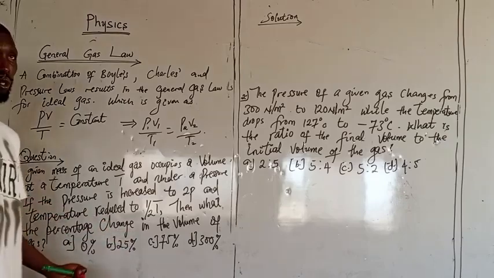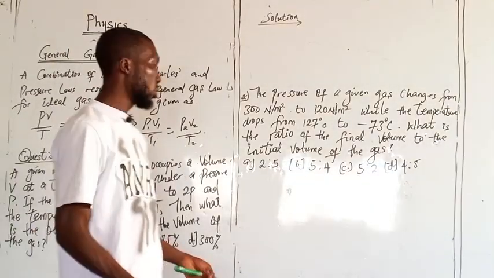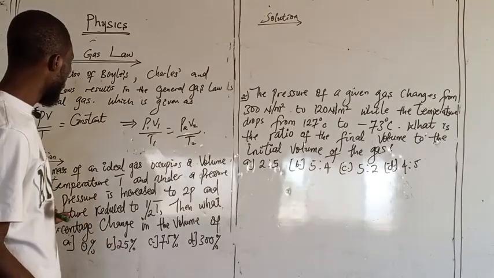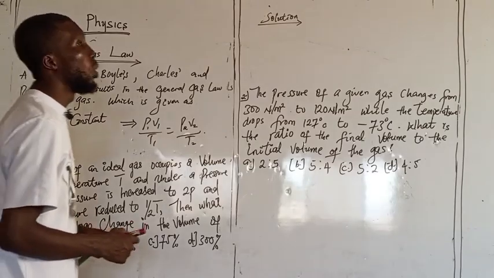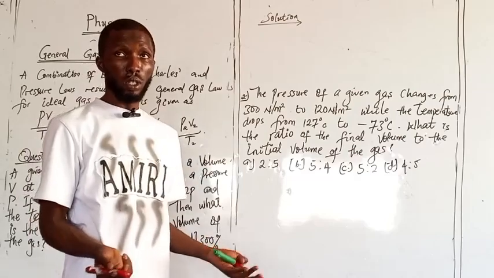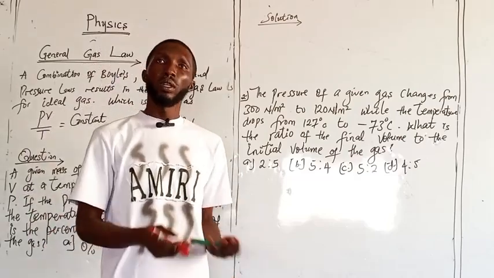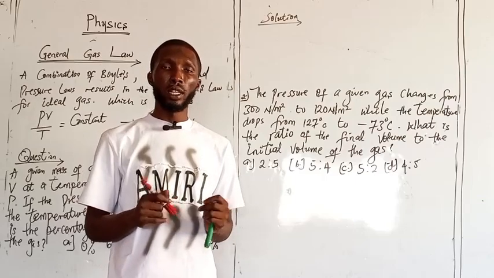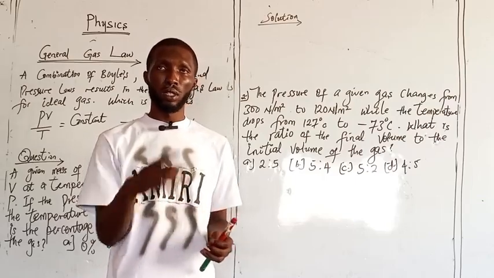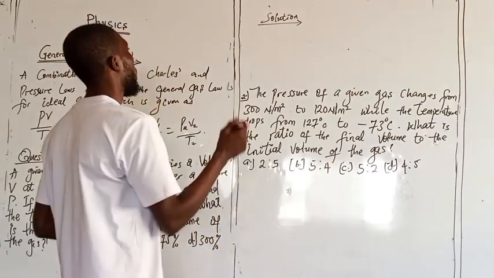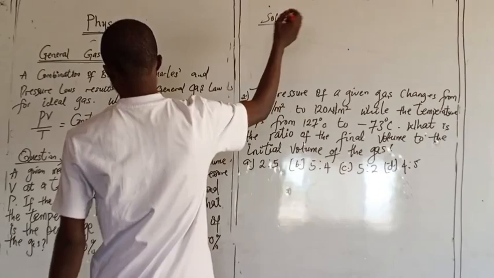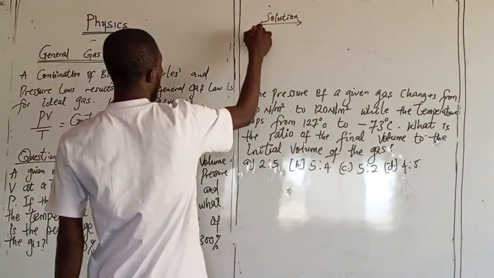Because this is a compression. The temperature is reduced, it is a cooling, so it's compressing. Or instead, you can solve it the normal way and say V2 minus V1, just that at the end of the day, you neglect the negative answer, telling you that it is a reduction in volume.